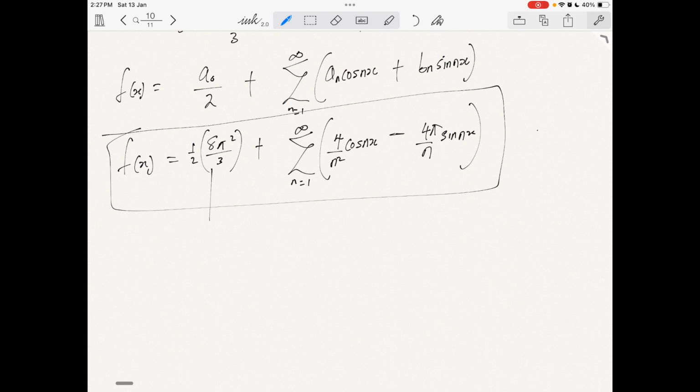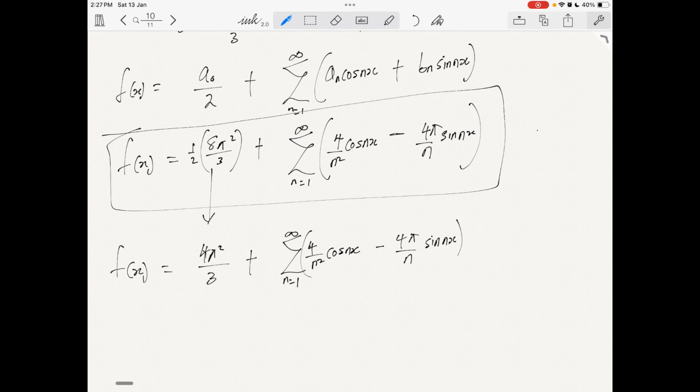So solving these, we have that f of x is equal to 4 pi squared over 3 plus summation of n is equal to 1 to infinity of 4 over n squared cos nx minus 4 pi over n sine nx.